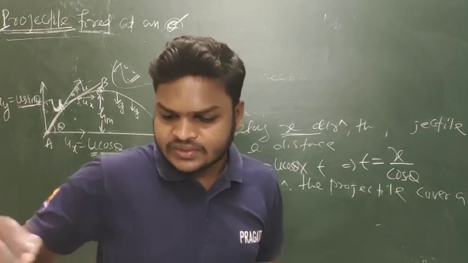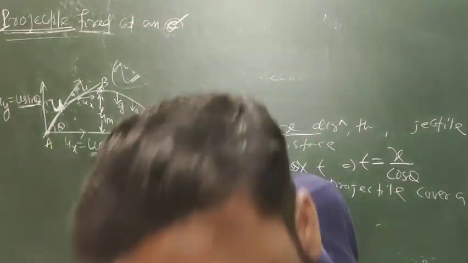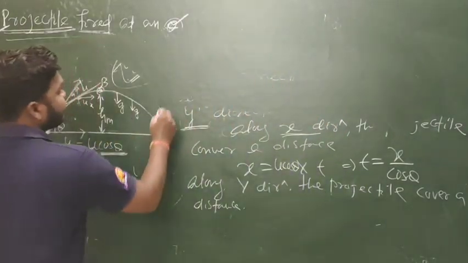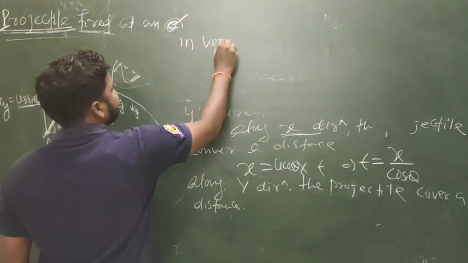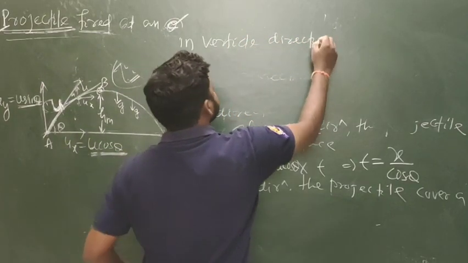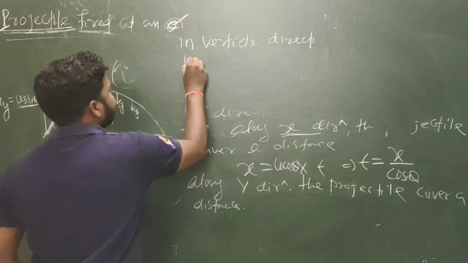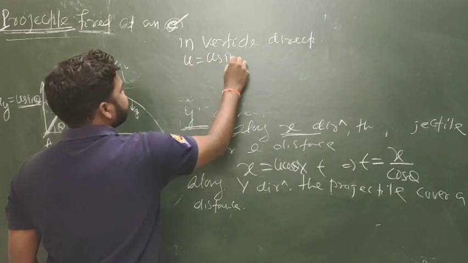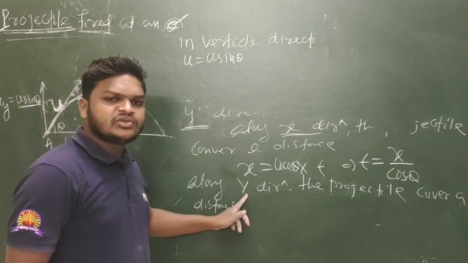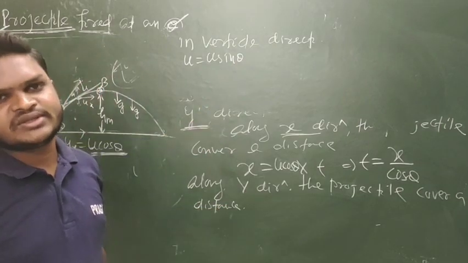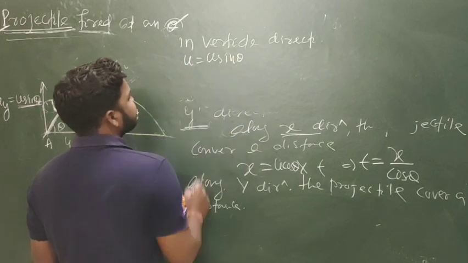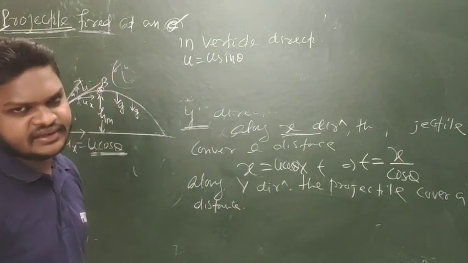Because we are calculating y, all the equations and representations are in the vertical direction. In the vertical direction, the initial velocity is u sin theta.